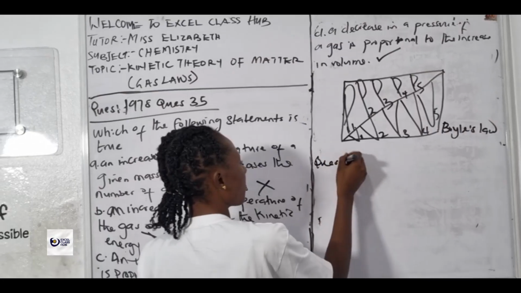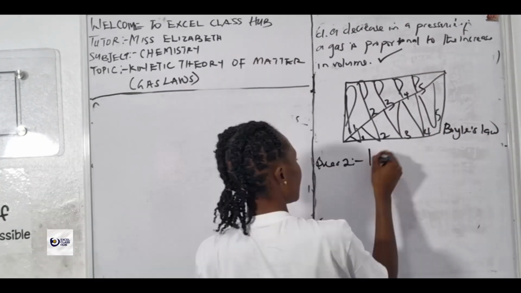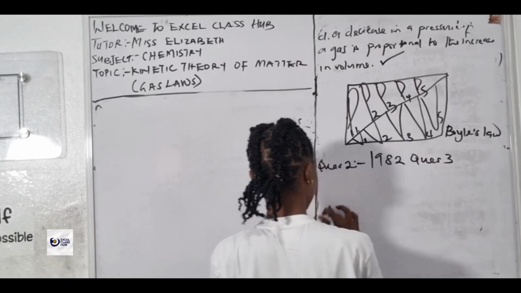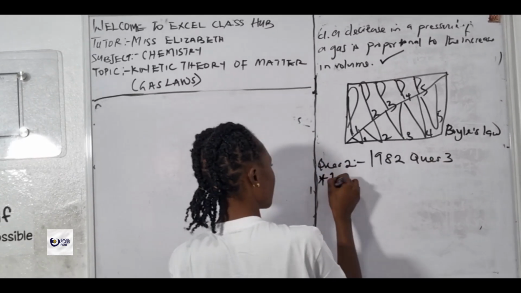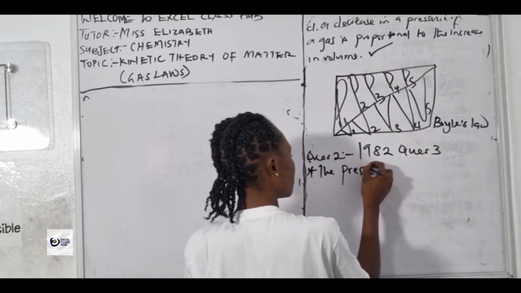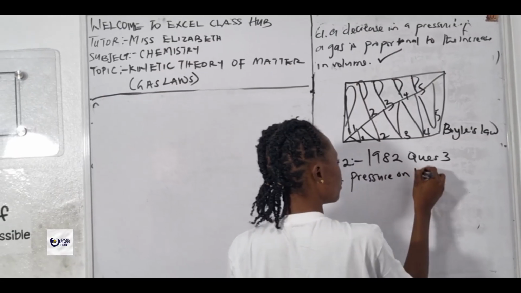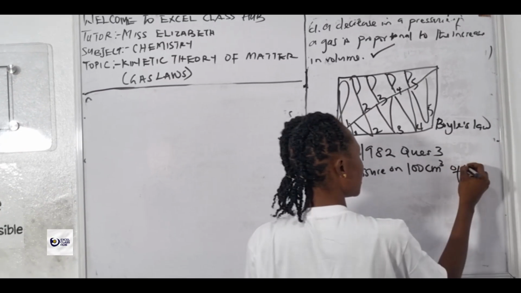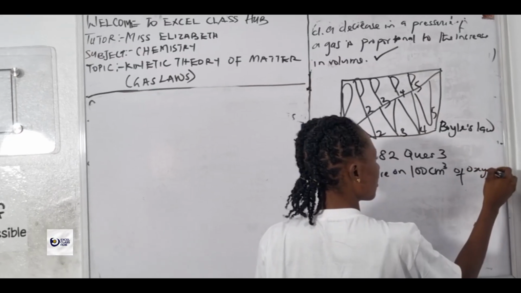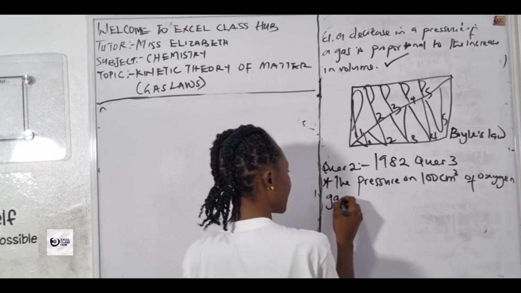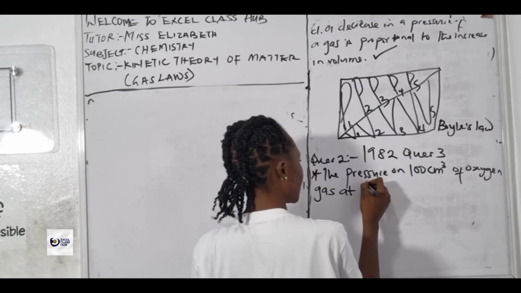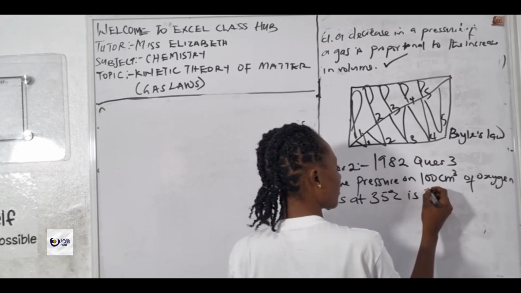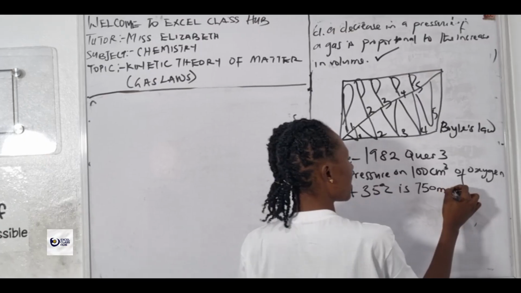Question 3. The pressure on 100 centimeter cube of oxygen gas at 35 degrees Celsius is 750 millimeter mercury.